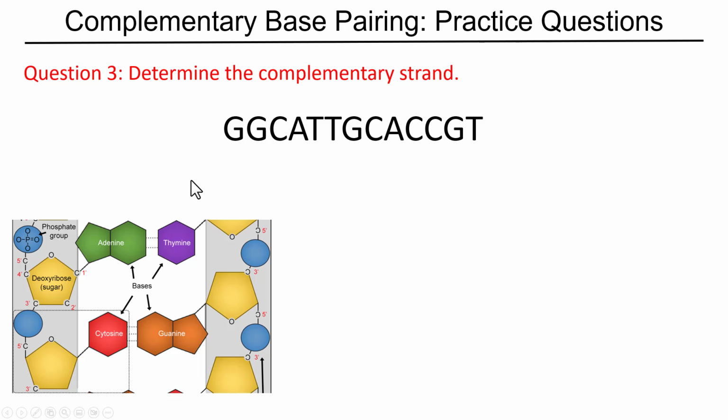And now we just have to look and say, okay, well, guanine always forms a base pair with cytosine. So the complementary strand would have a C there. The next one is also a G, so there'd be another C in the second position. The third nucleotide has a cytosine base, so the complementary strand would have a G, a guanine, and it goes on from there.